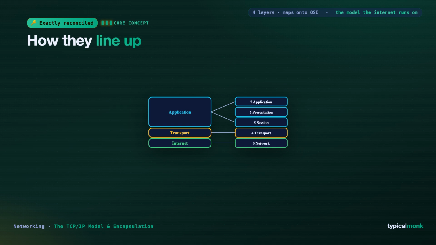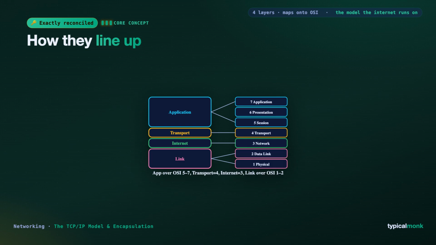In the middle, it is one-to-one and easy. The TCP/IP transport layer is exactly OSI layer 4, and the TCP/IP internet layer is exactly OSI layer 3. These two line up cleanly, which is why TCP and IP map so neatly onto transport and network.